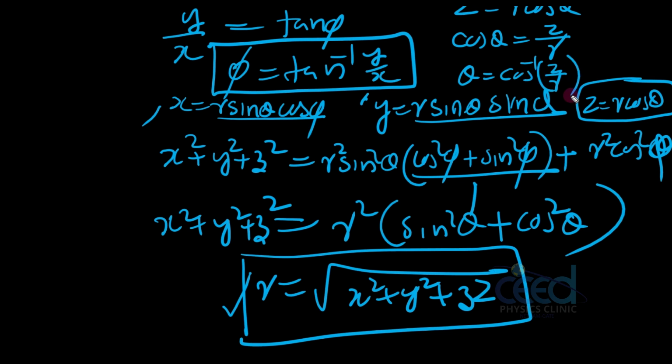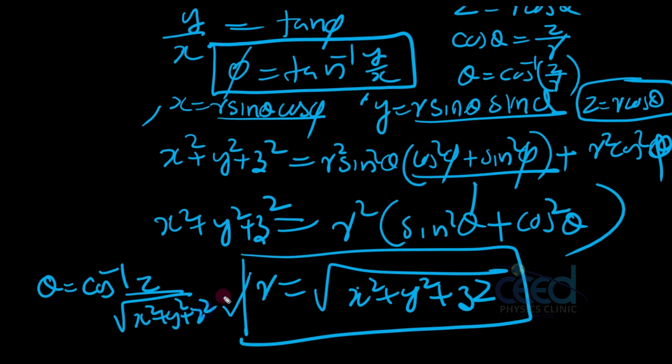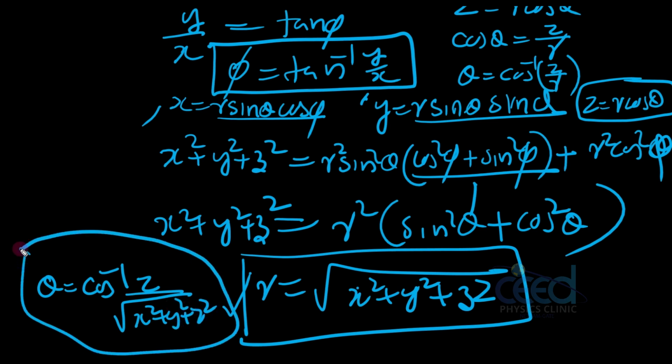So this r I can write as root of x square plus y square plus z square. So theta is equal to cos inverse z divided by root of x square plus y square plus z square. So these are the expressions for the spherical polar coordinates r, theta and phi.